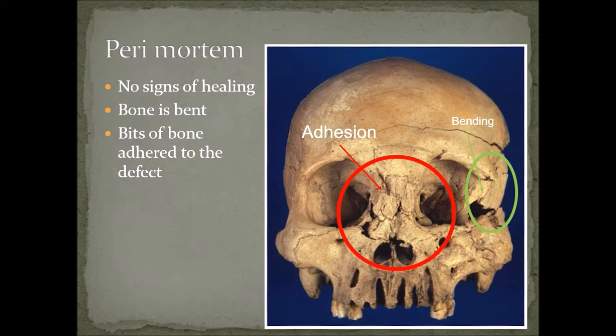Perimortem trauma. Now we've got no signs of healing. You can see this person's face was smashed in. The bone is bending. Do you see over here in the green circle, we've got pretty clearly the bone doesn't line up where it's supposed to. It's bending. It's in odd positions. And that is a very typical thing of green or fresh bone.